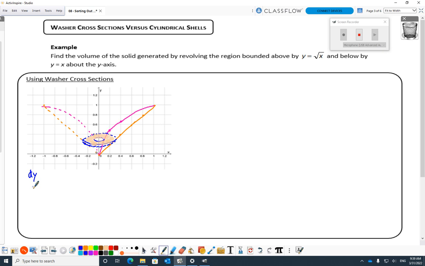So here's the washer formula. Volume equals pi integral a to b of big circle minus little circle. And I've decided I'm going dy's here. Imagine again, I'm giving you slices of bologna, but the center is cut out of the slices.